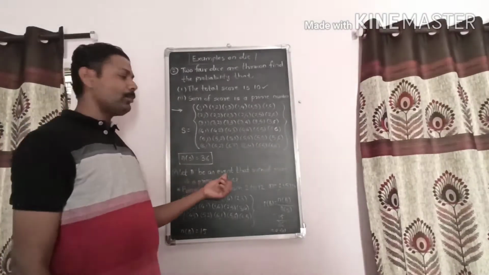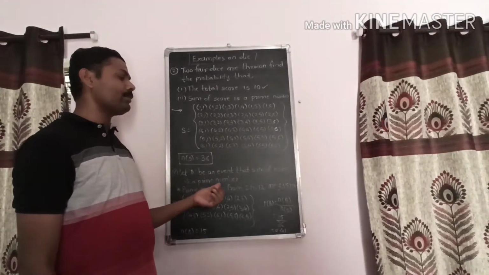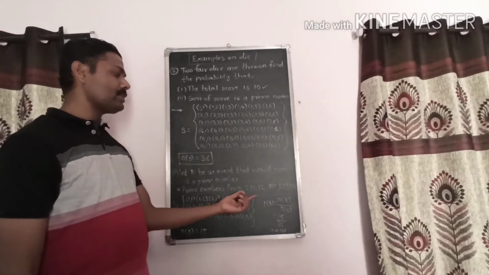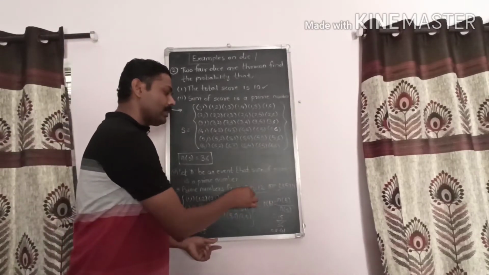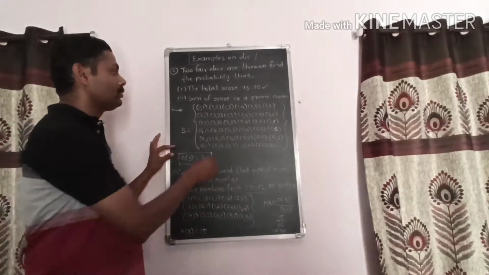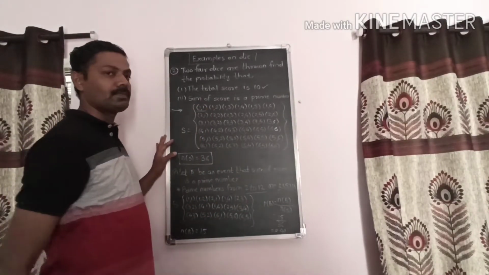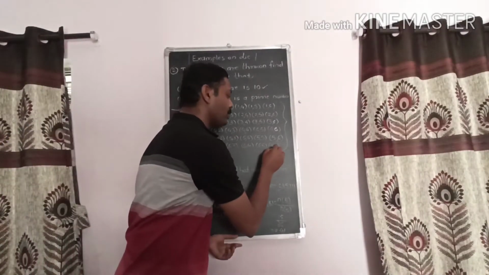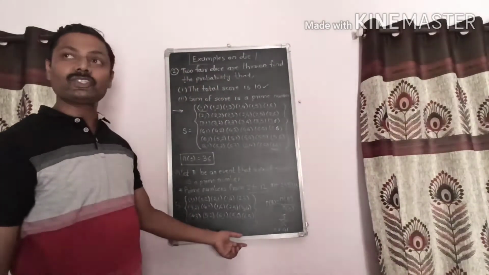Let B be an event that sum of score is a prime number. So we require to understand what will be the least sum and what will be the highest sum. The least sum will be of these two numbers 1 plus 1, it is 2, and the highest sum will be 6 plus 6, it is 12.